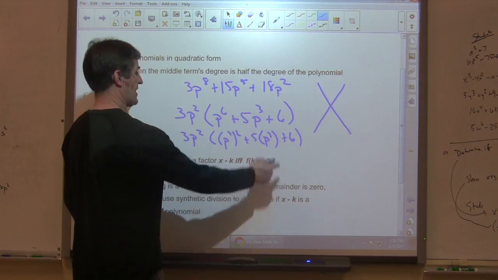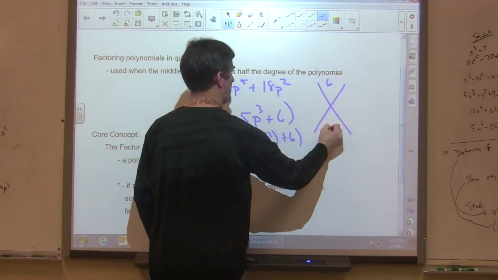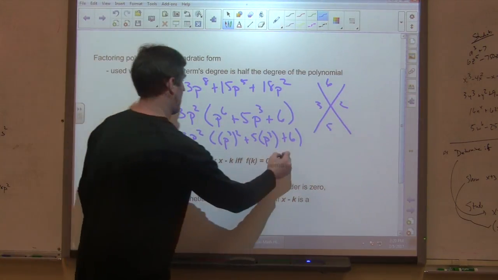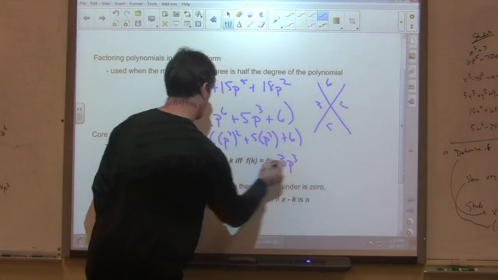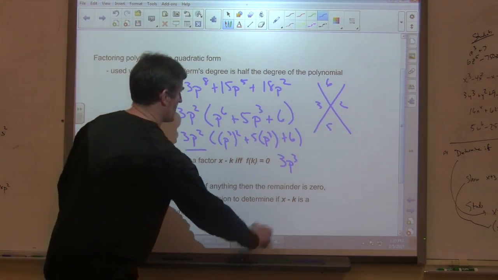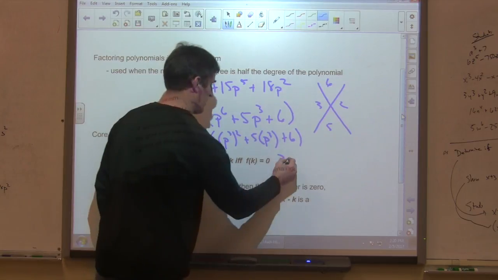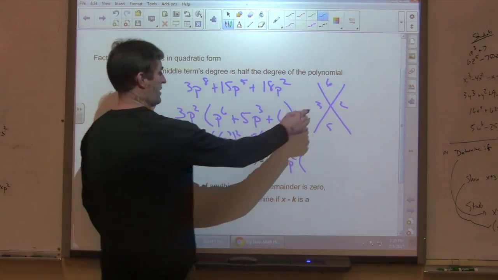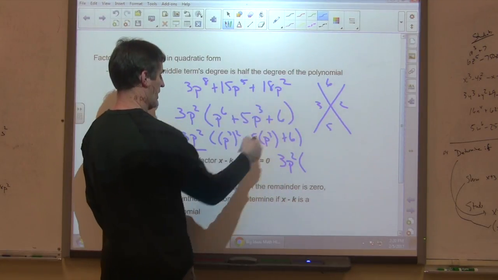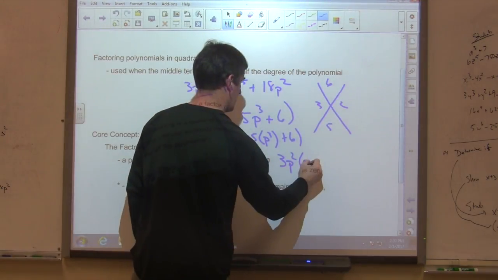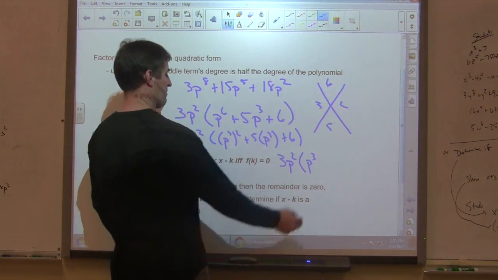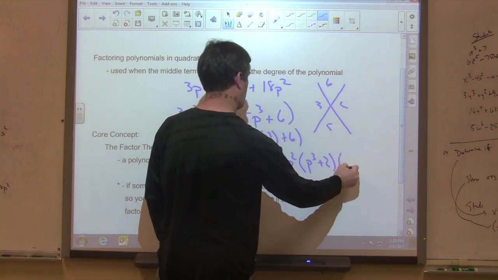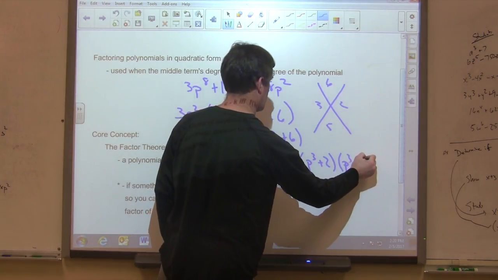The factors of 6 that add up to 5 are 3 and 2. There's a 1 in front. So my final answer is 3p to the 3rd. Excuse me, 3p to the 2nd. That stays the same. And then the only difference is instead of x squared, it's p to the 3rd plus 2 and p to the 3rd plus 3.